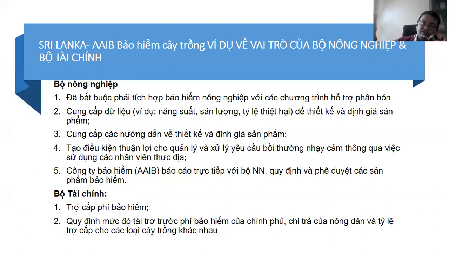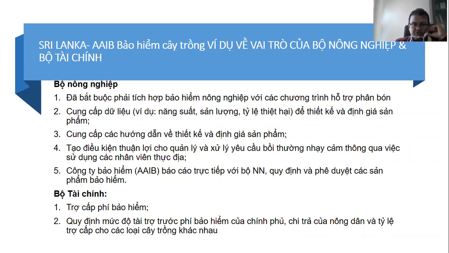They have a community claims assessment forum in each village, which goes to assess whether a claim is valid or not. The insurance company reports directly to the Ministry of Agriculture, and the Ministry of Agriculture in this case also regulates this specific insurance product.